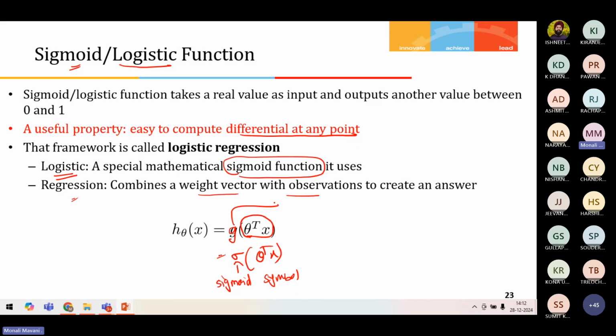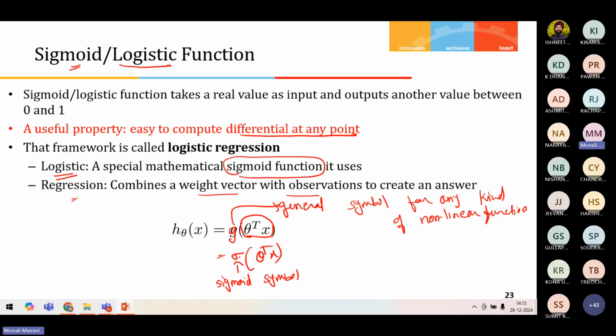And G is a general symbol for any kind of non-linear function. So do not get confused about why sometimes there is a G and sometimes there is a sigmoid symbol.